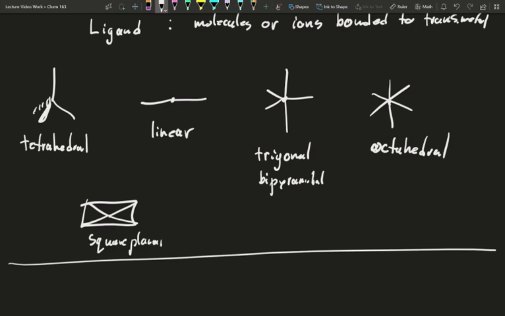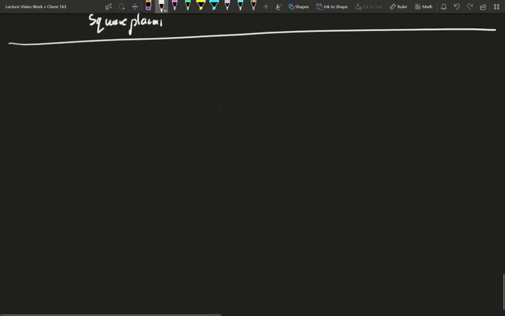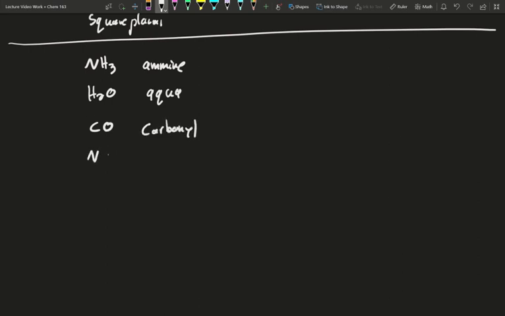Additionally, there's a variety of common ligands. Ammonia is often called amine when it's in a complex. Water is aqua. Carbon monoxide is carbonyl. NO is nitrosyl, as well as our halides.